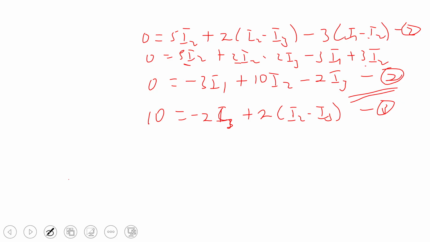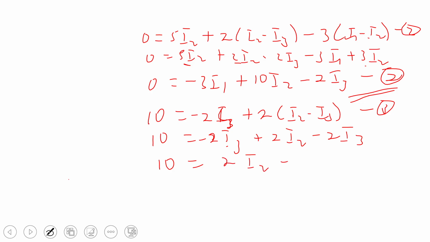In taking these three loops, you are done with Kirchhoff laws. The rest is your simplification process and solving the simultaneous equations. This will give you 10 equals minus 2I3 plus 2I2 minus 2I3, so 10 is equal to 2I2 minus 4I3.